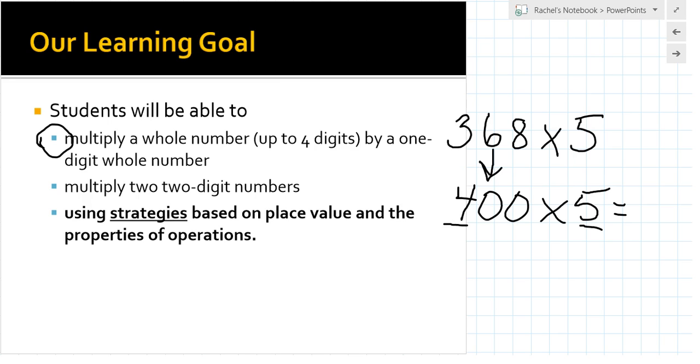So looking at the basic fact, 4 times 5 is 20, and then adding 2 zeros onto the product, so that students can start to see the reasonableness of their answers when they multiply to find exact answers with up to 4-digit numbers.